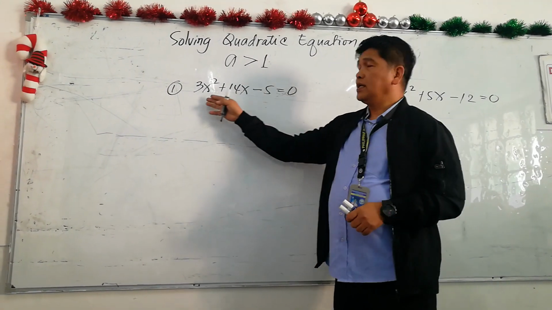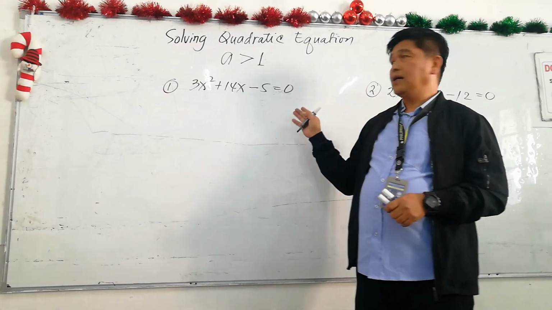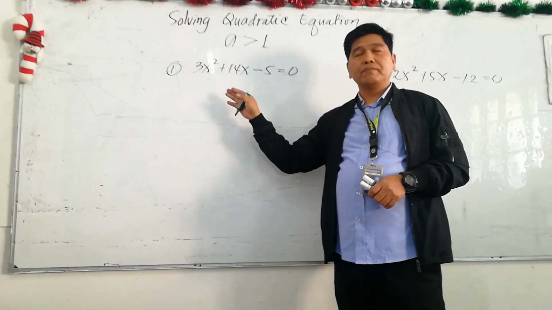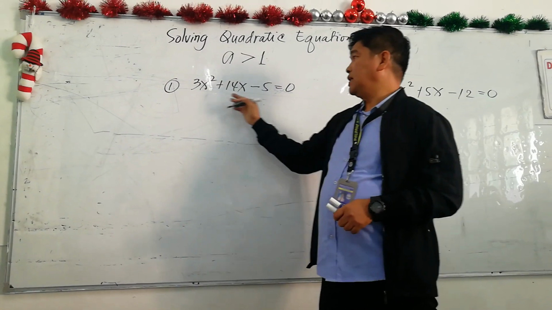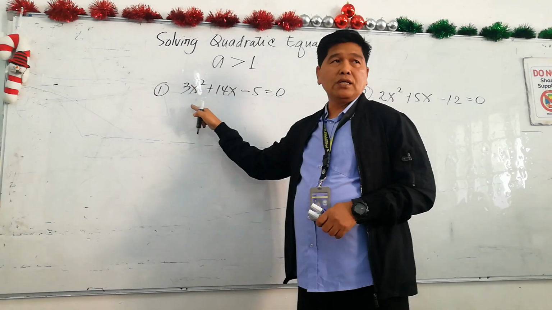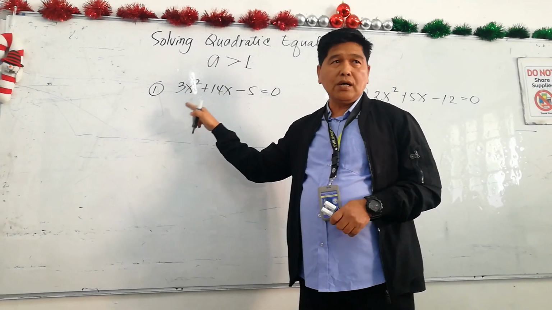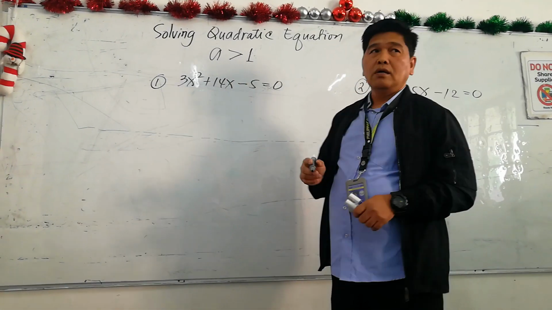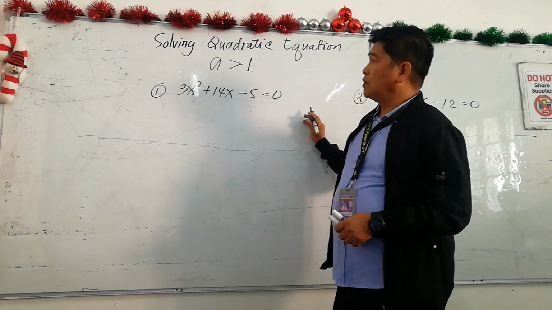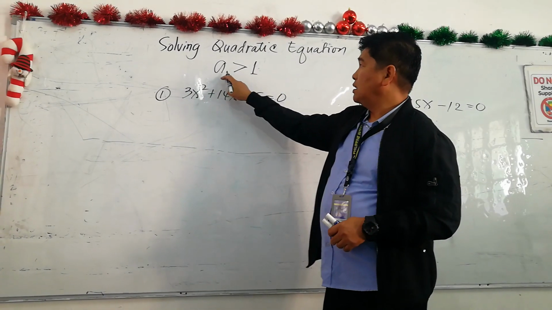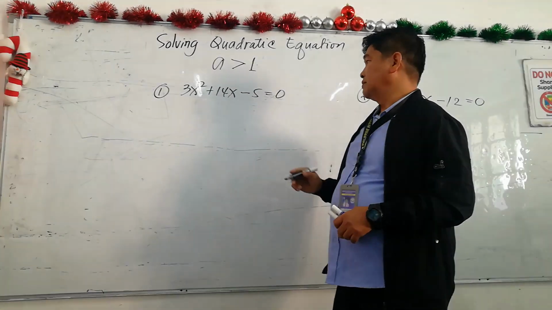Now, we are not going to use the quadratic formula or the trial and error method. I will just rename this 3x squared into x squared so that our a becomes 1. This is the process to solve a quadratic equation wherein a is greater than 1.